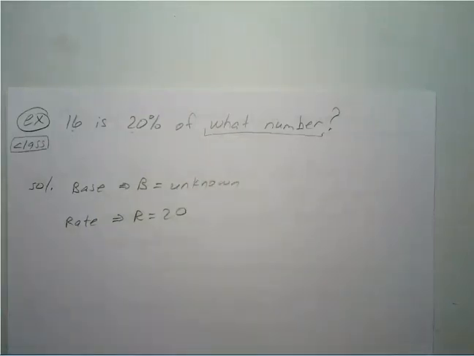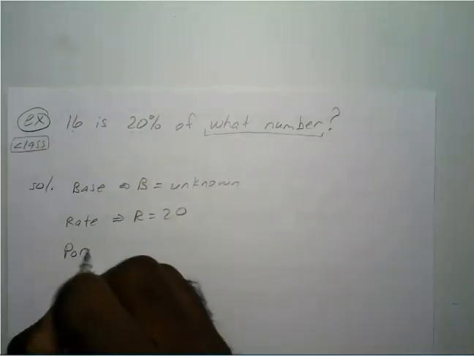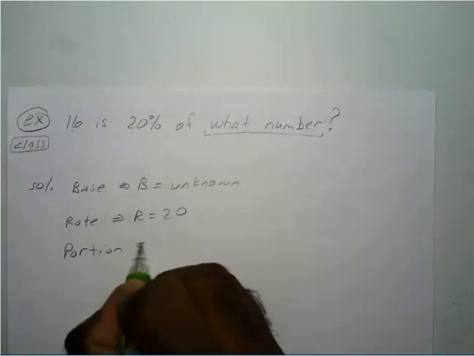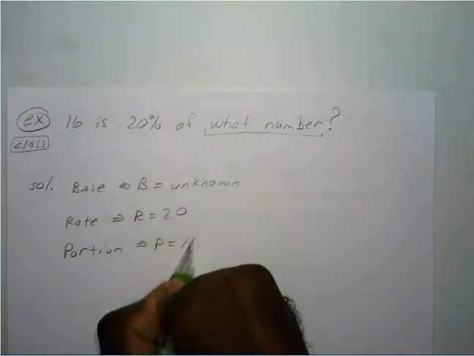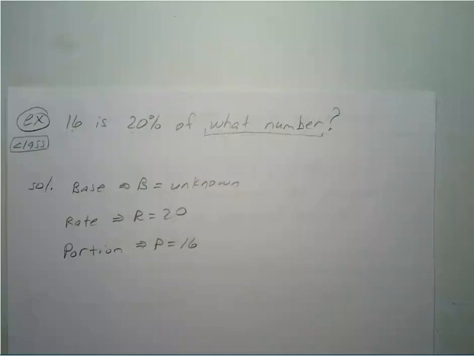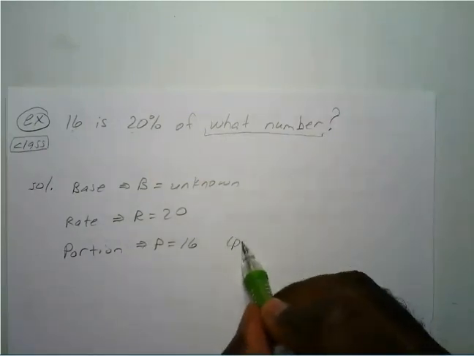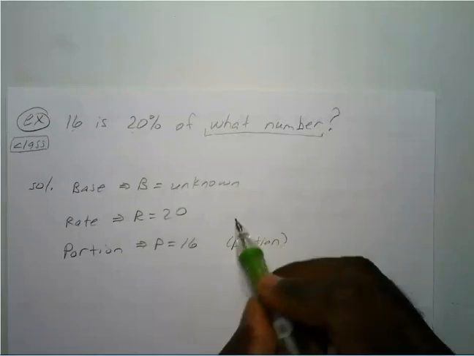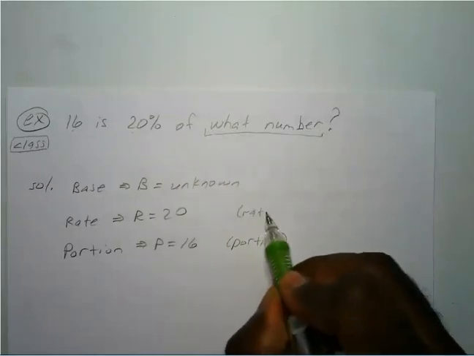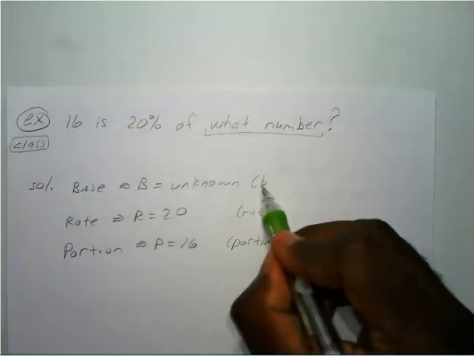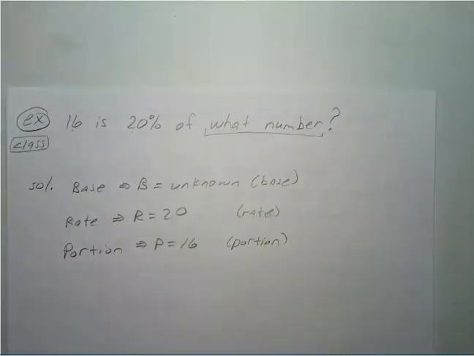Okay, so we know now that our portion, P, is equal to 16. Okay, so we know this is our portion, or part of our base. Our rate and our base is our unknown.